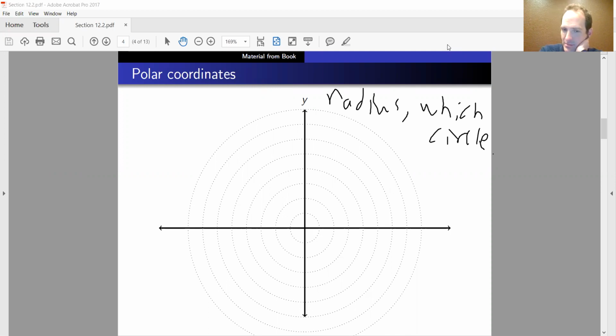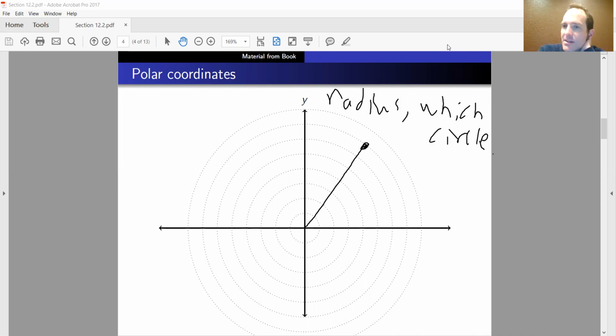So they're all circles. Just like with the other plane, there's a point at every point in this plane, and there is a unique circle on which that point lies. How do I find which circle it lies on? Well, I want to know how far it is from the center, from (0, 0) to that point. Well, the distance from (0, 0) to a point is a nice, well-described thing in math.